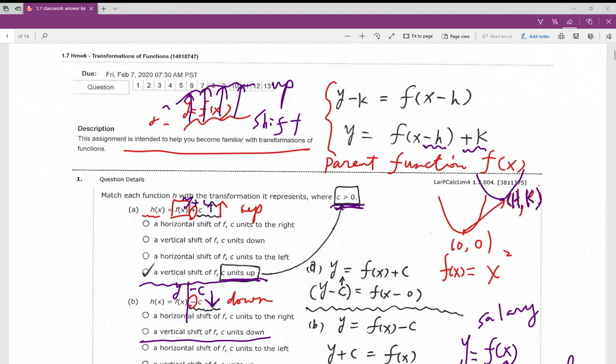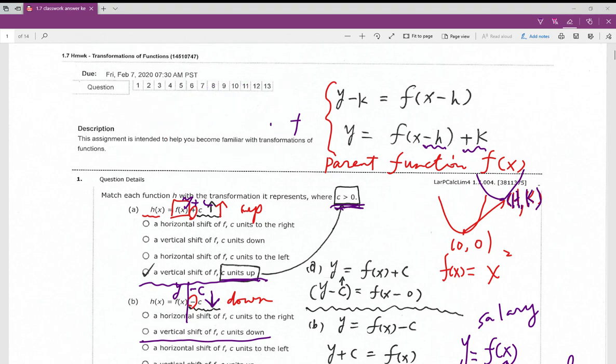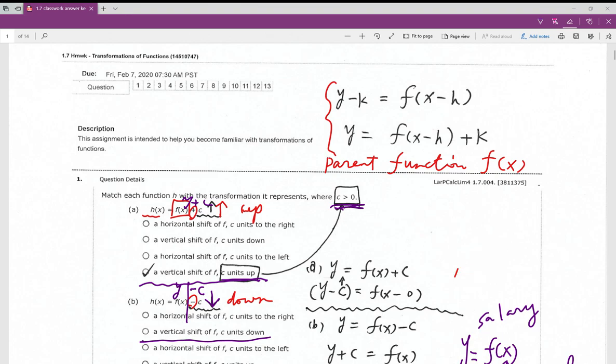Let's start all over one more time. Do you agree with the formula? Okay. So if the parent function is f, now on the test, I would like you to memorize a very simple formula.